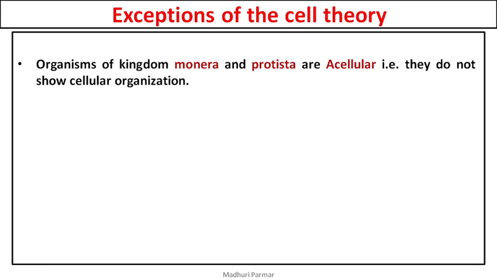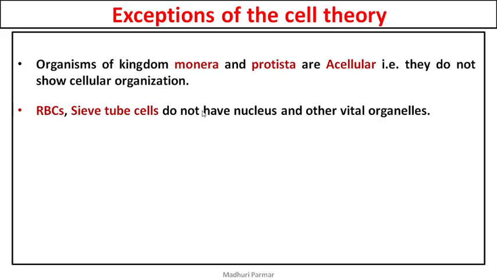It is just a capsule inside which there is nucleic acid, which is DNA, and cytoplasm. So these both are considered acellular. Because you cannot consider them as proper cells according to Matthias Schleiden or Theodor Schwann, they are exceptions of the cell theory.